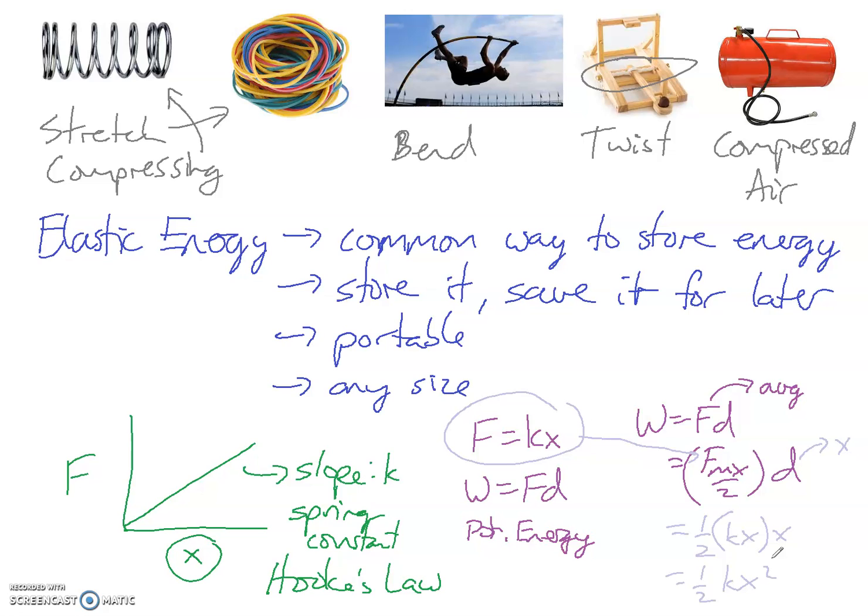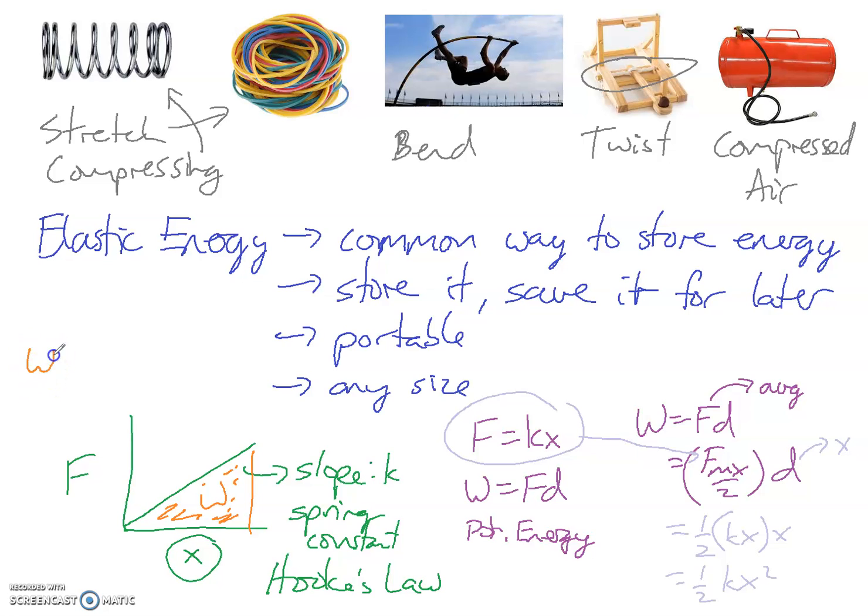Now, another way we can look at this is similar to what you guys have done before. If you go to an F-d graph, you guys have done this before, the work is the area under the graph. So if we calculate the area of this, that's another way to find the work in an F-d type situation.